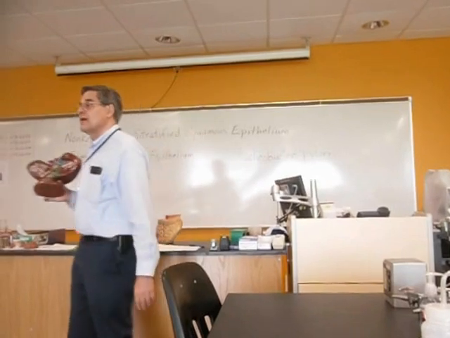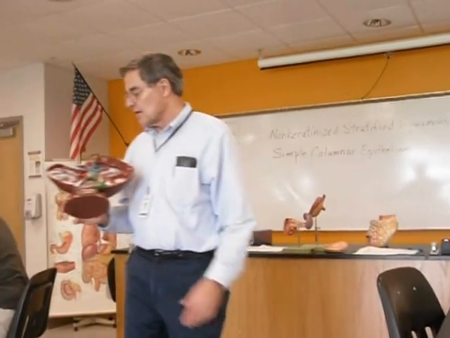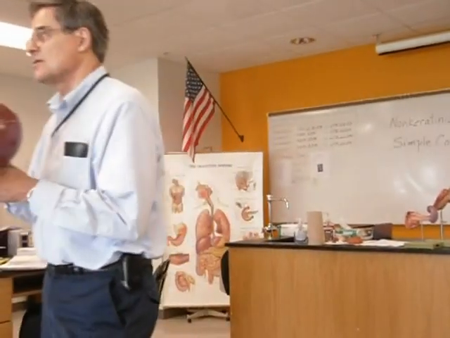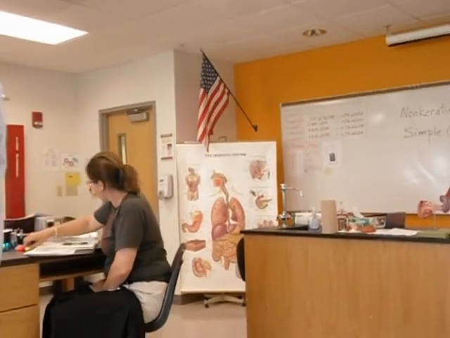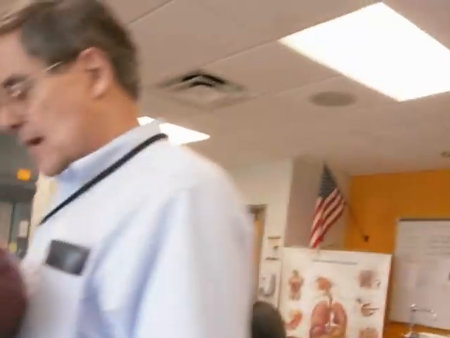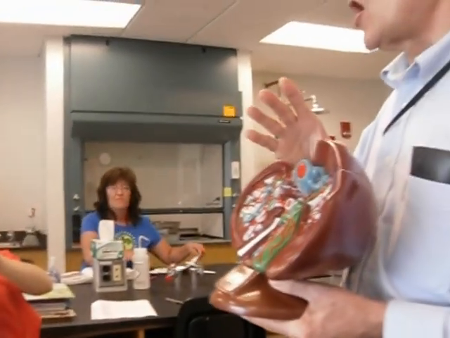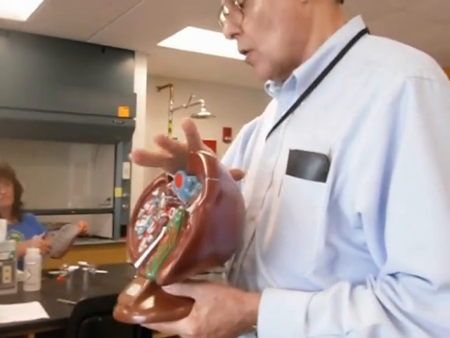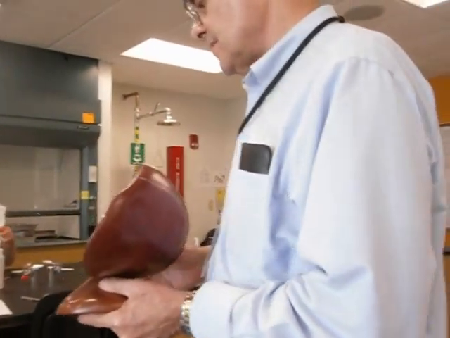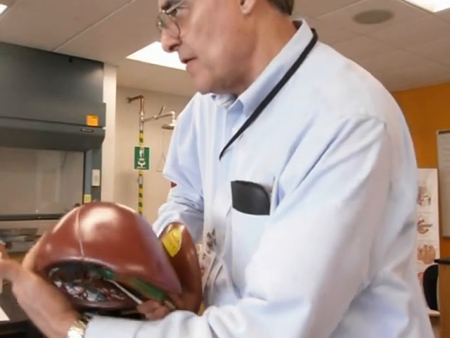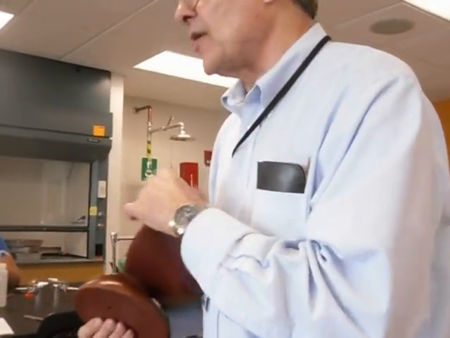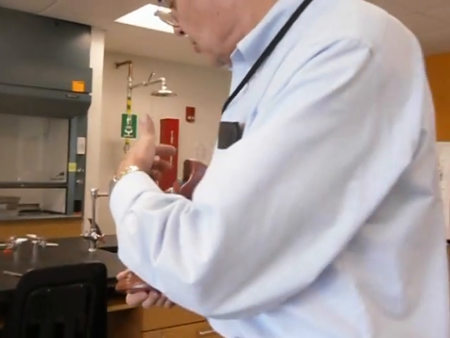Okay, then the major blood vessels. When you look at the liver, it looks like a bunch of spaghetti, different colors. I would like you to know this stuff. First off, in blue are the hepatic veins or branches of the hepatic veins. As we already said, this is the inferior vena cava. The hepatic veins are draining blood from the liver into the inferior vena cava.